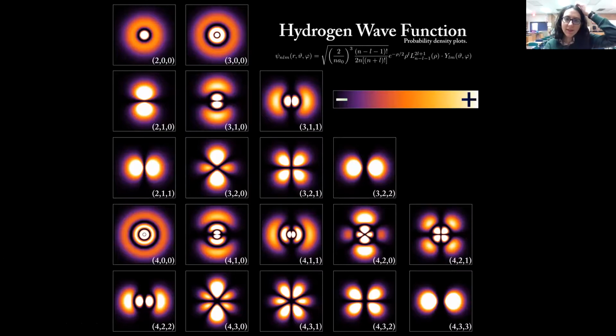Okay, so these are all diagrams that show where specific electrons are, actually, this is the hydrogen wave function. If we look back at the periodic table, we'll know that hydrogen has one electron. These are the different places or orbital shapes that that one electron can take.